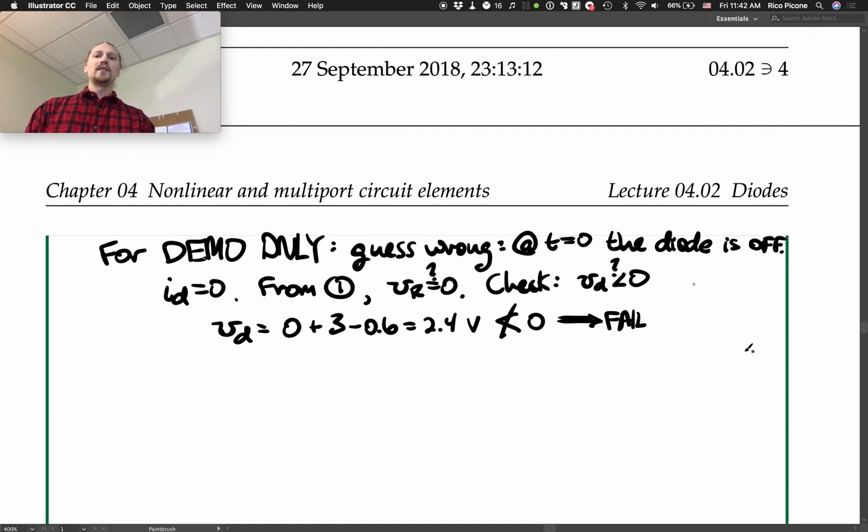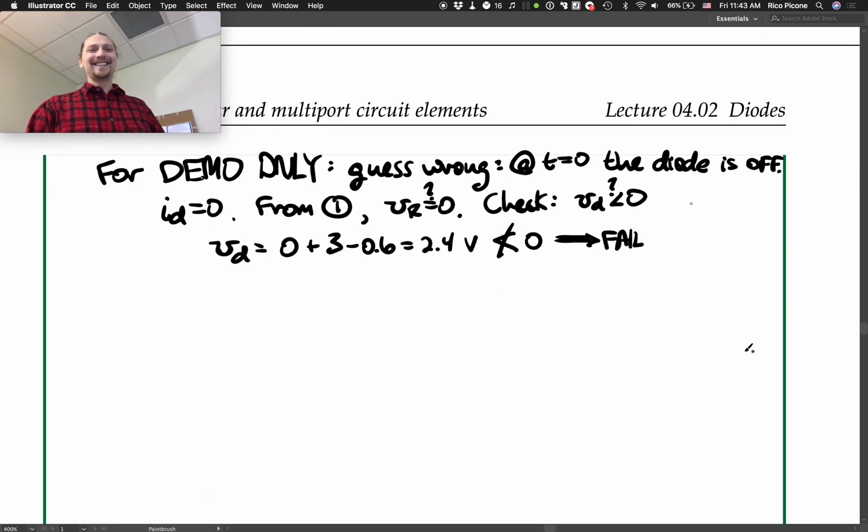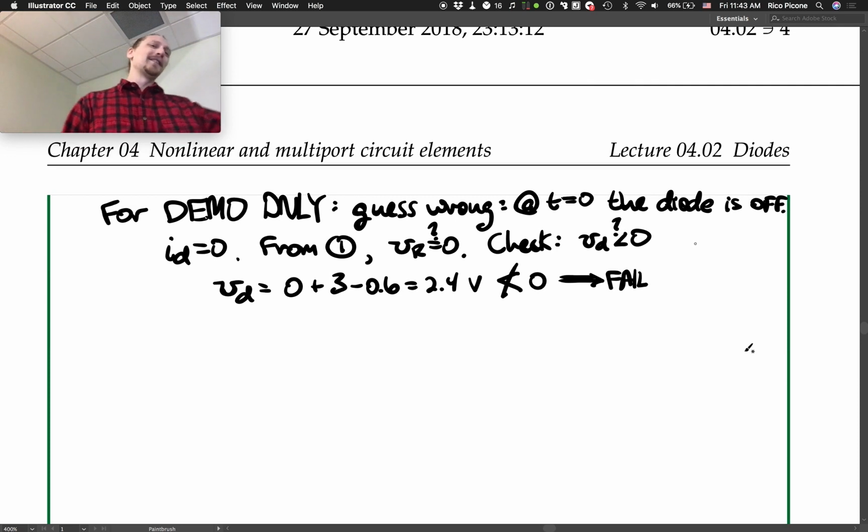In other words, the diode being off is not a solution to this problem at time equals 0. So we have to go back and change our assumption. We only have one diode to change, so it's kind of nice. We just flip it, right? So we're going to be right on this one. We have to be. Otherwise, I don't know, everything's broken, and we can all just go home.